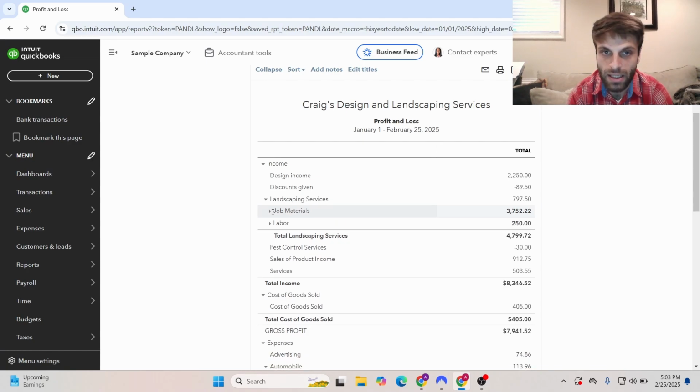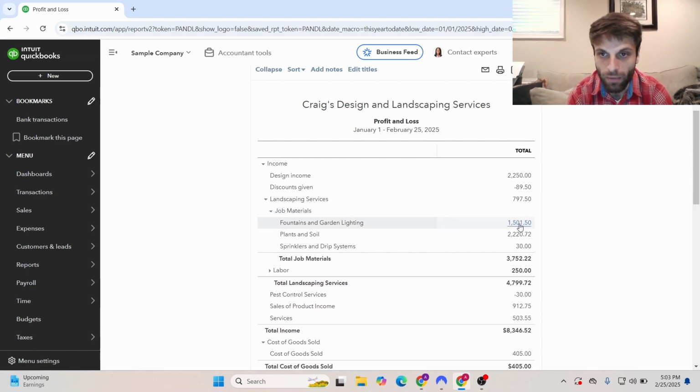So yeah, we have job materials. We can minimize this, and you'll see we have all three of these: fountains and garden lighting, plants and soil, sprinklers and drip systems. This is all part of this job materials. This should be the installations category. And then we also have this up here, which is anything that's not part of this category. So just the way that it's set up, this job materials is one kind of line or category, which does not include this upper top piece, right?